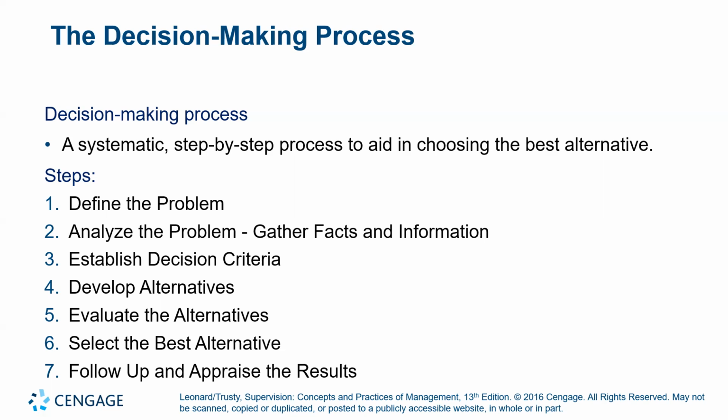The third is to establish decision criteria, which means to come up with a way of deciding which decisions are the best and which decisions are going to move us closer towards solving the problem, as opposed to those decisions that maybe won't be as useful.